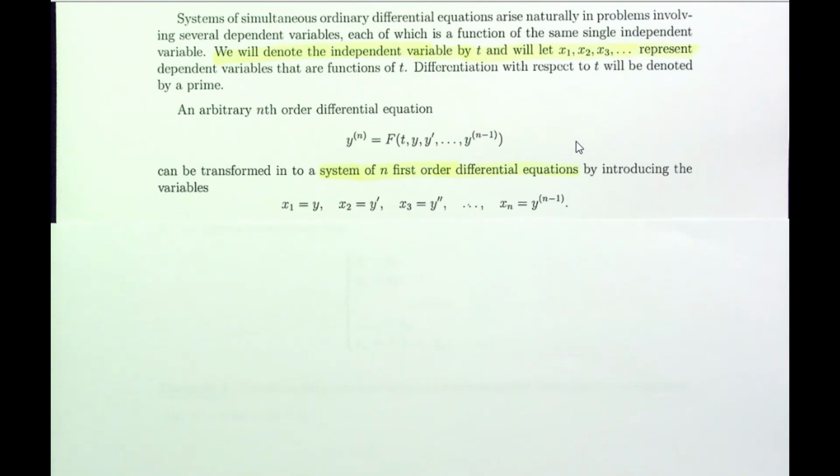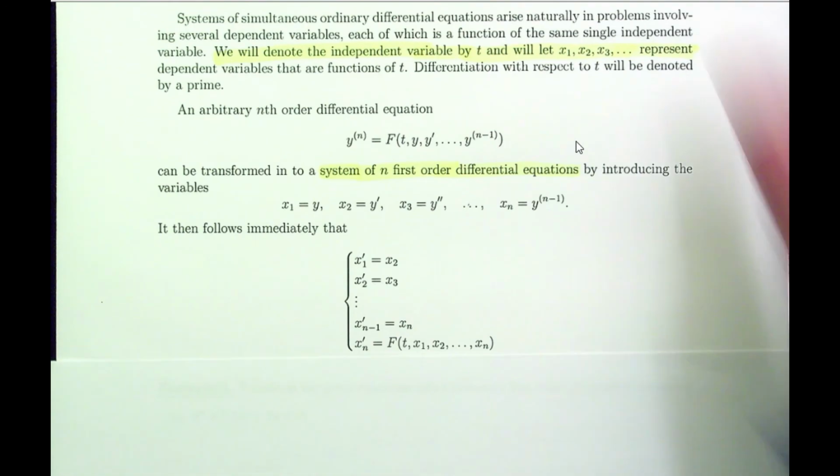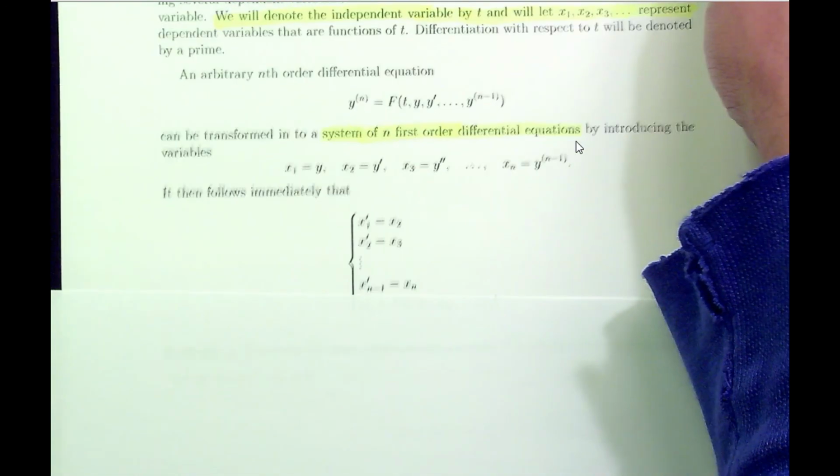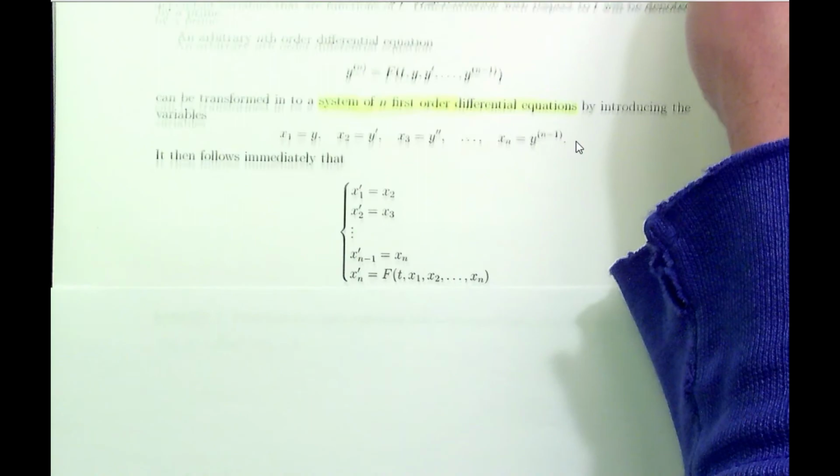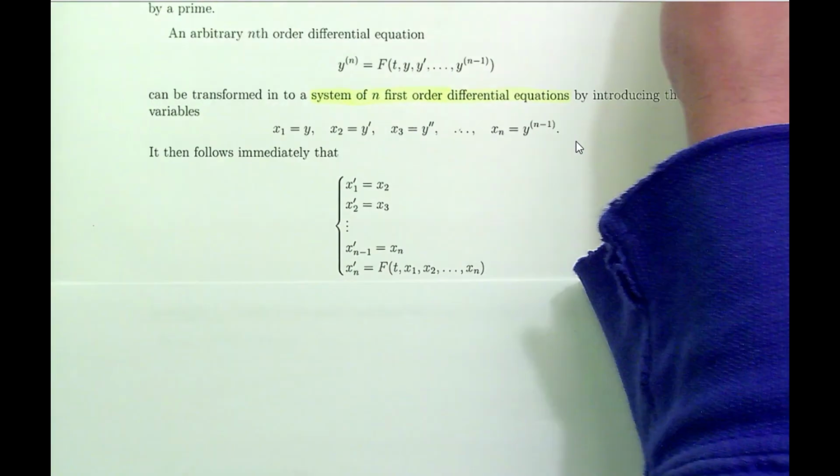So those are going to be your variables, and then your system is going to be basically all of these, but you don't want to write them with y, you're going to write everything in terms of x. You want to get rid of the y. The y is not going to be one of the variables in your system.